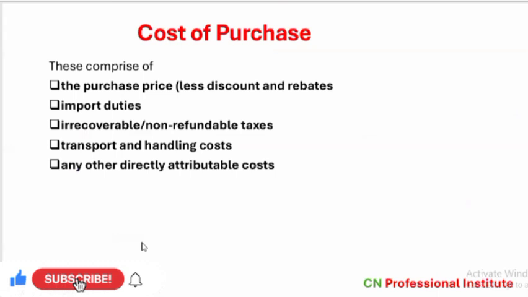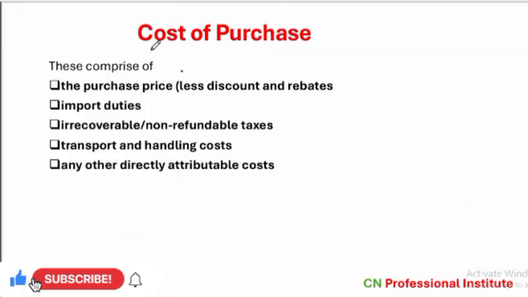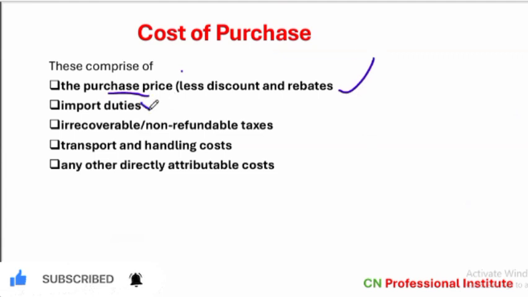Now, what is the cost of purchase? As we said, inventories are either manufactured or they are purchased. So if an entity decides to purchase the inventory and sell, what will be the cost of purchase? The cost of purchase includes the purchase price, which I've talked about already, less discount and rebate, plus import duties.